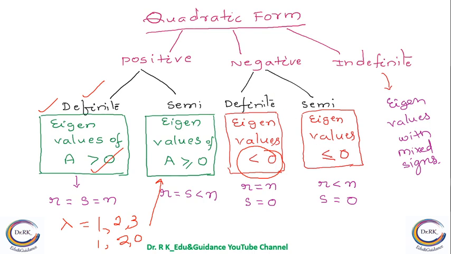If apart from negative values, at least one of the eigenvalues is zero, that is less than or equal to, then it is negative semi-definite. If eigenvalues are a mixture of positives, negatives and zeros, then we say that the quadratic form is indefinite.